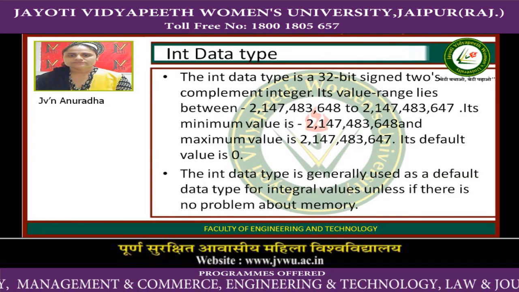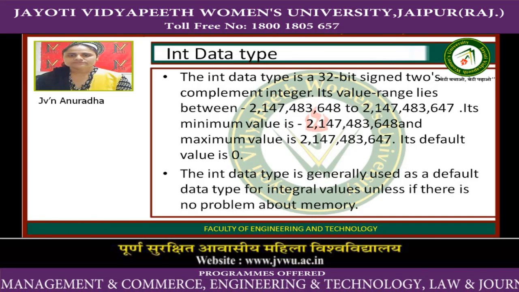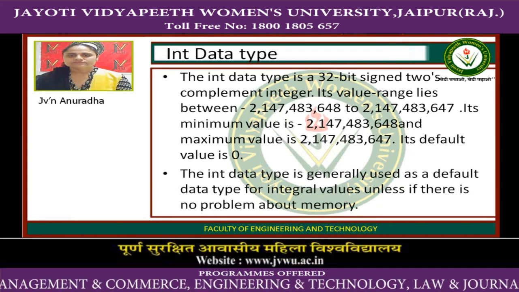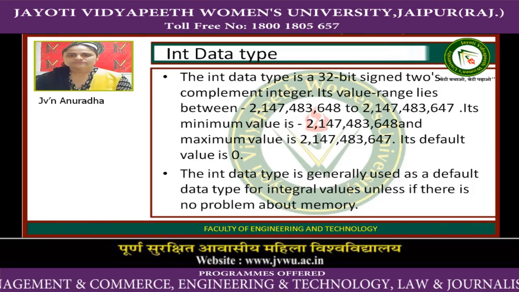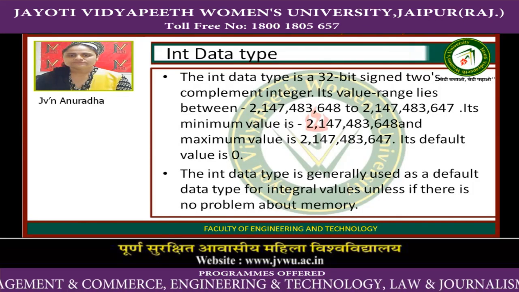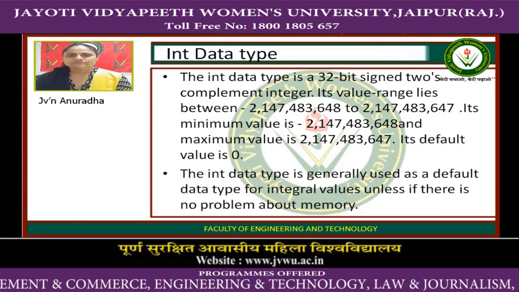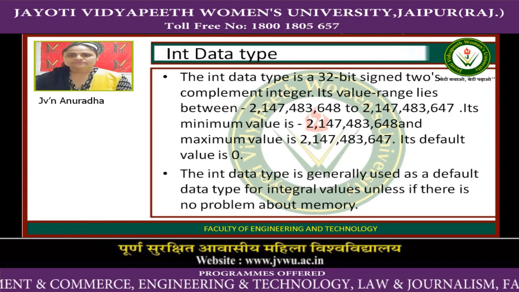Now next data type is int data type, that is integer data type. The int data type is a 32-bit signed 2's complement integer. Its minimum value is minus 2147483648, but its maximum value is positive 2147483647.